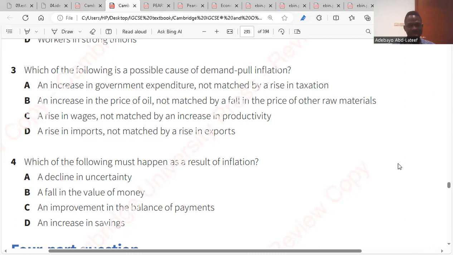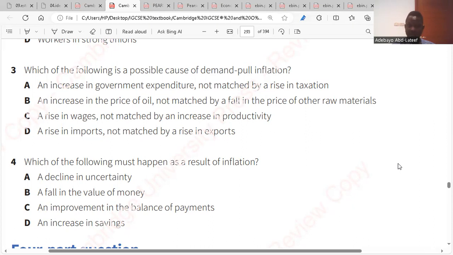C, a rise in wages, not matched by an increase in productivity. A rise in wages, that is cost push. A rise in imports, not matched by a rise in exports. Is it? I'm asking you.